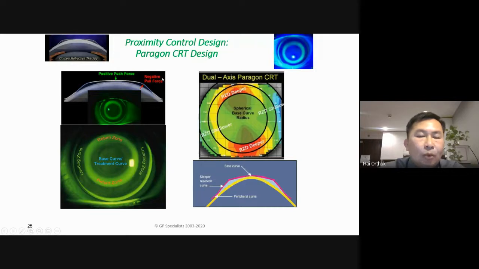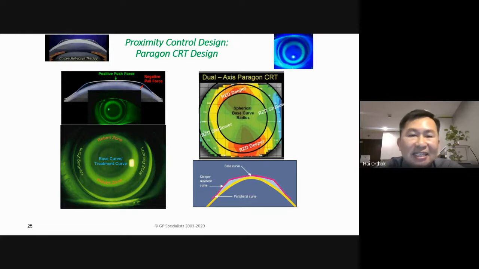And then with Paragon CRT, it was able to provide a very thick and nice reverse zone, which provides a very good negative 4 in order to treat low myopia, below 6 diopters or lower, with a very nice and light force.